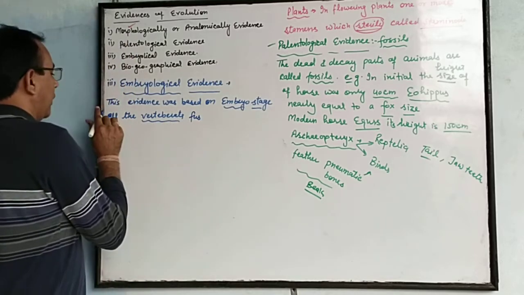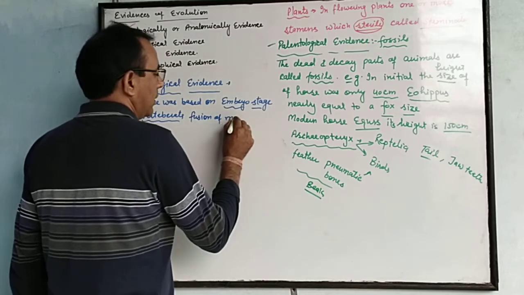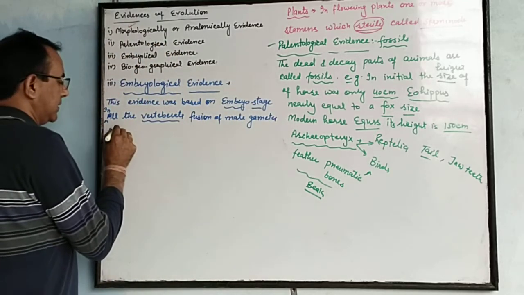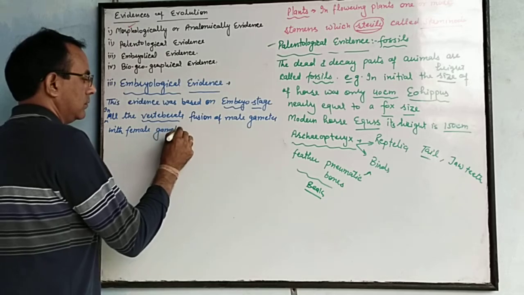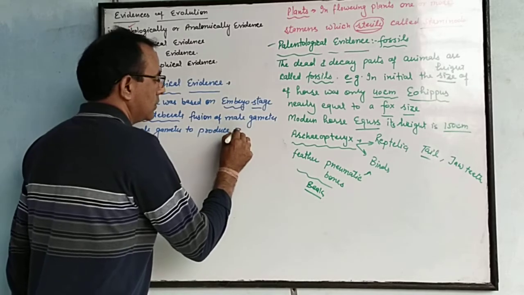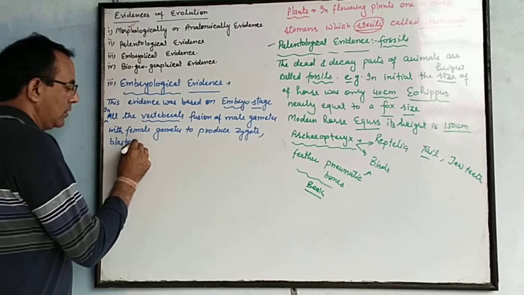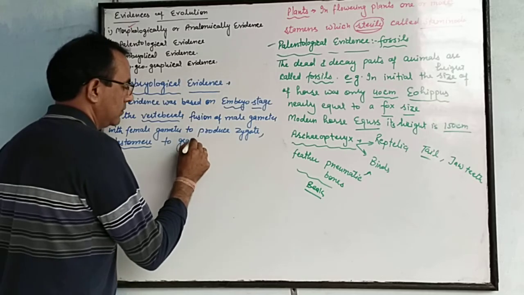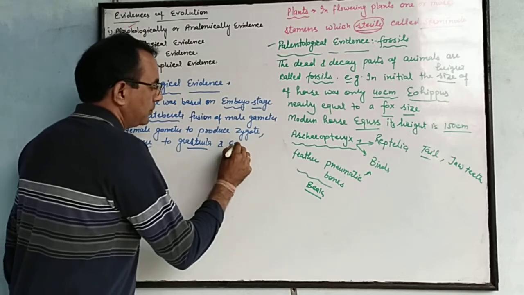In all the vertebrates, fusion of male gametes with female gametes produces a zygote, then blastomere, then gastrulation or gastrula, and embryo.